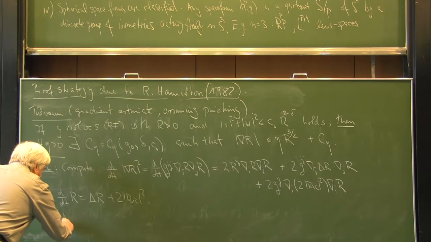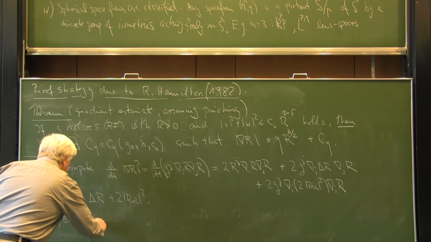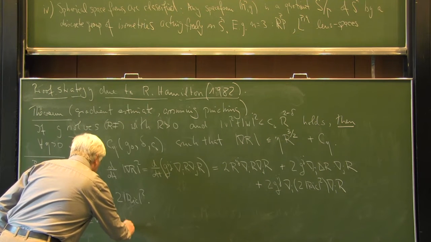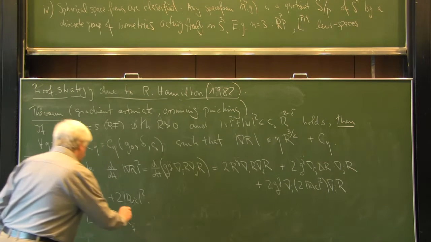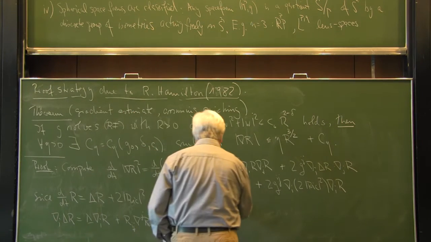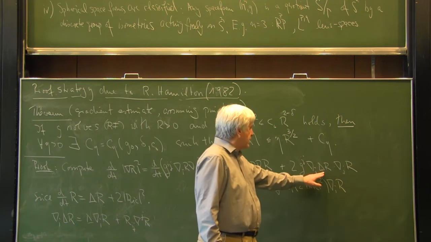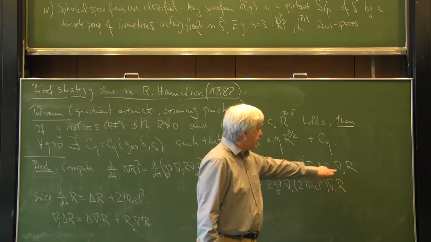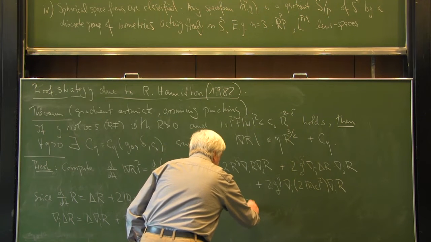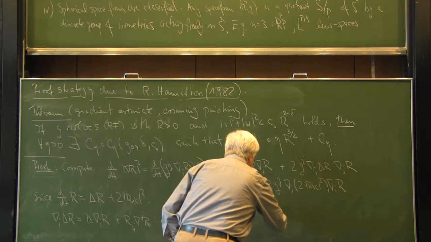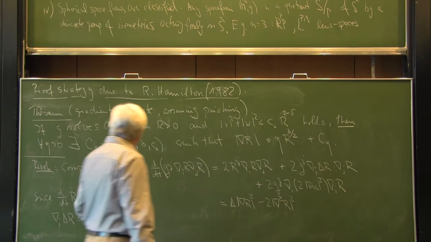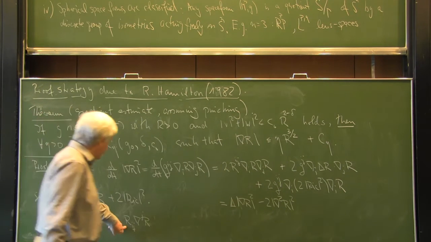So gradient i Laplace R is equal to the Laplacian of gradient i R. This was something I did in the first or second lecture, I remember, plus the commutator, in this case the Ricci curvature times gradient j R. So inserting this, we can exchange here the Laplacian of gradient i R. But this is the same as the Laplacian of the gradient of R squared, with a mistake, which is exactly minus 2 times the Hessian of R squared.